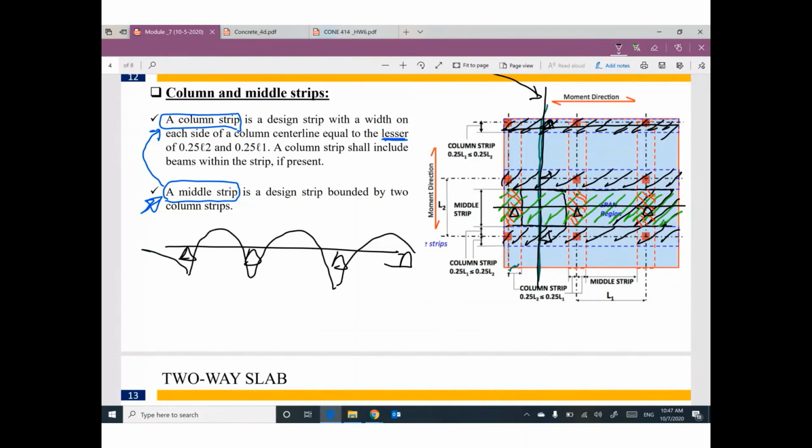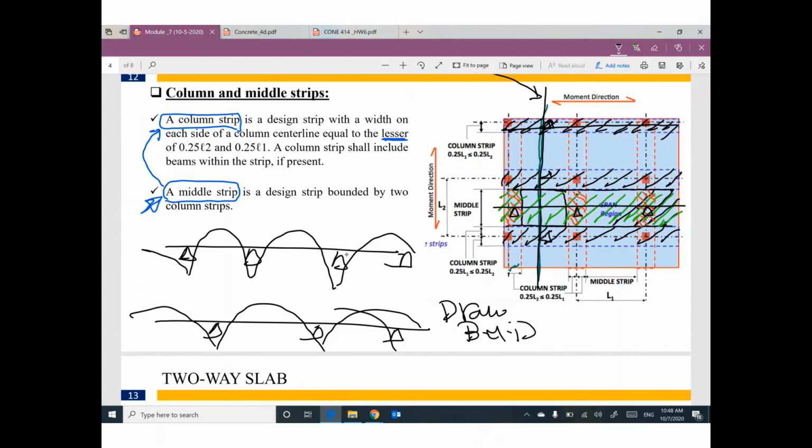And if you have a middle strip supported by a column strip, we need to figure out what the final moment is. Because once you draw the bending moment, your design is done. Because M ultimate divided by phi b d squared gives me this number, so I can figure out the rho, so I can figure out the area of steel. That's it.